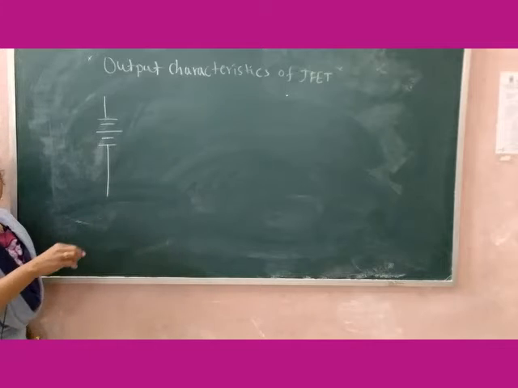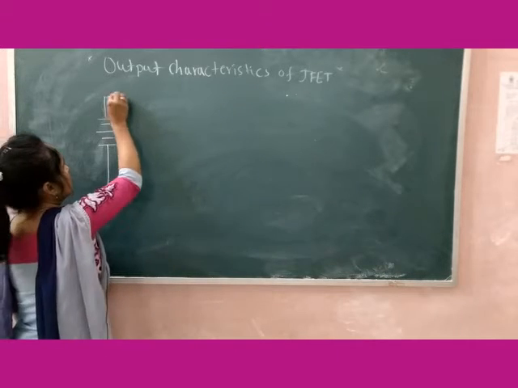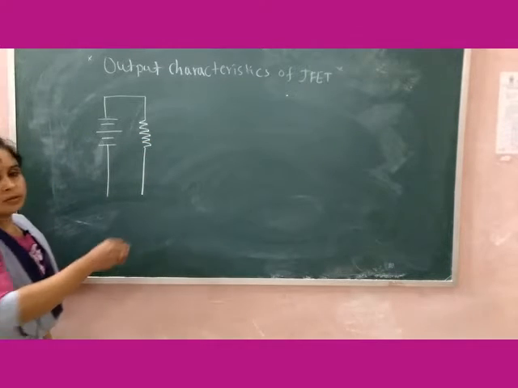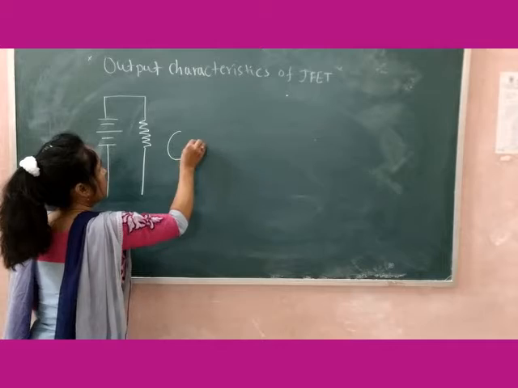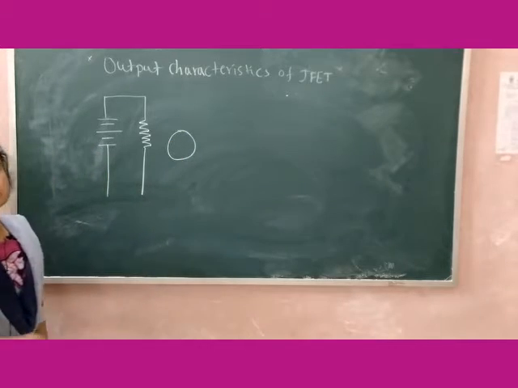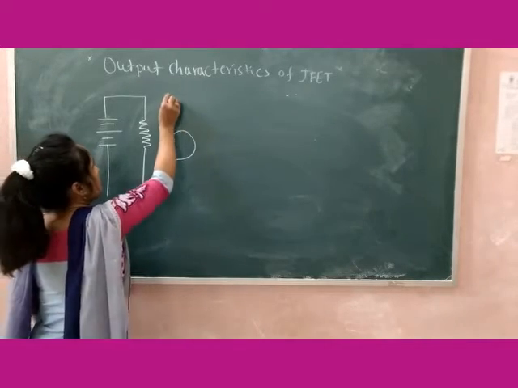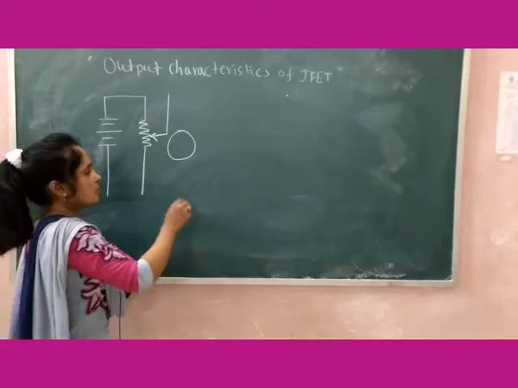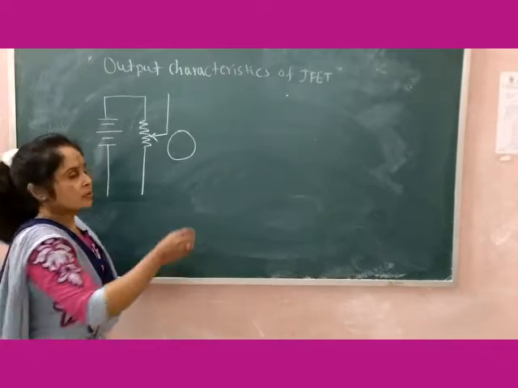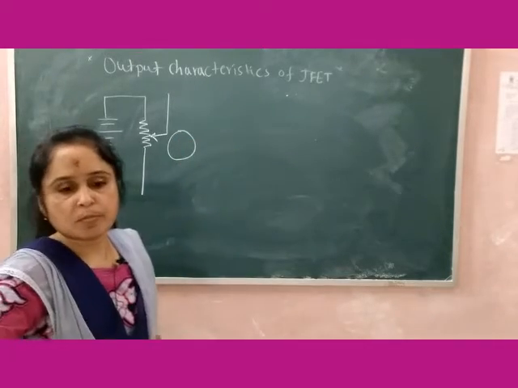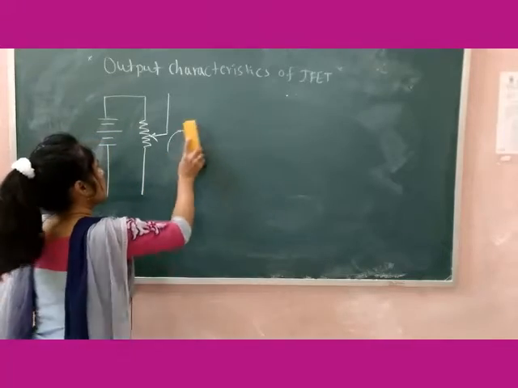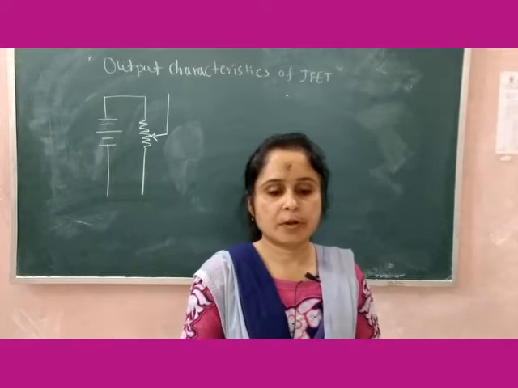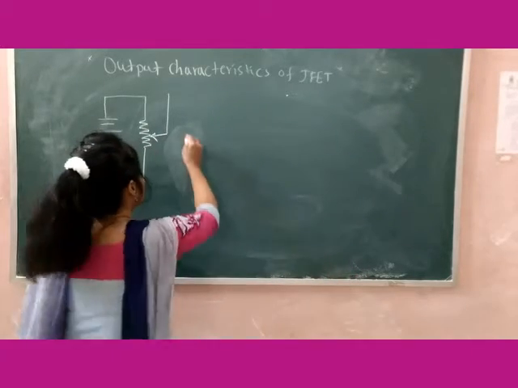We have the battery and these resistances, and the JFET transistor is connected across these terminals. We have to define the characteristics in terms of VGS.